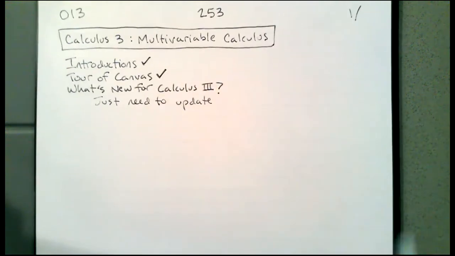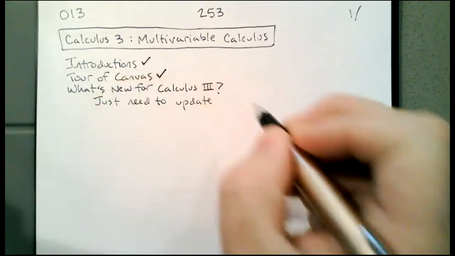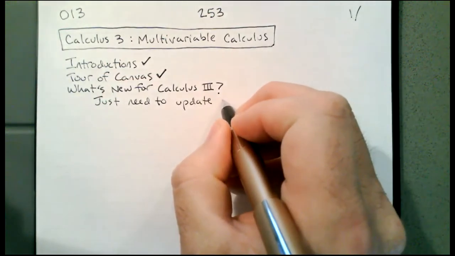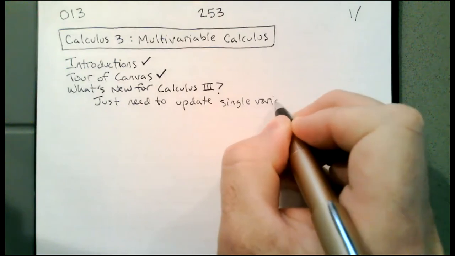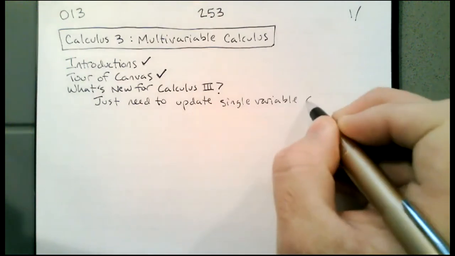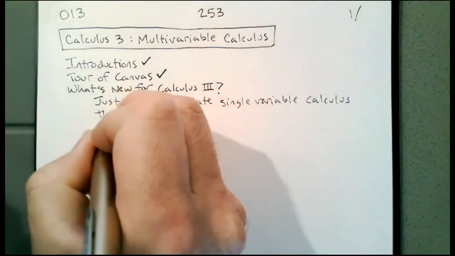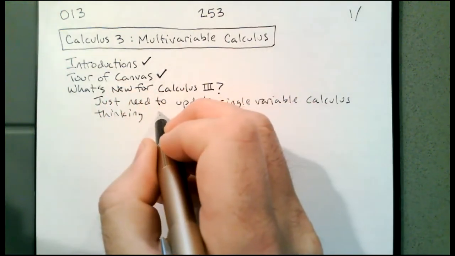So we're going to think of this less as doing new stuff, and we just need to update our single variable calculus thinking to functions of more than one variable.